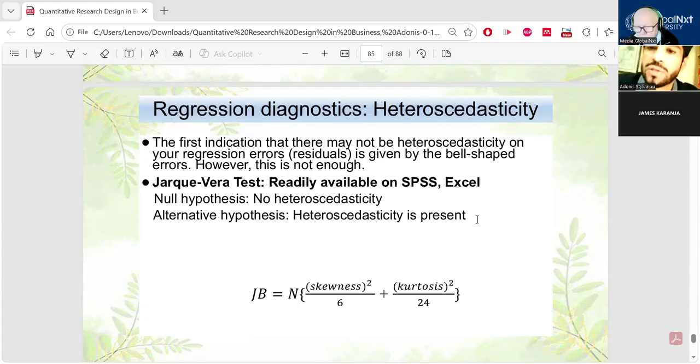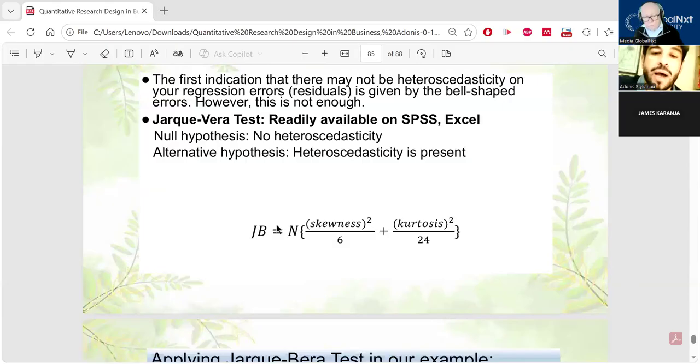If you have heteroscedasticity, you cannot proceed with the results. This is critical. That means essentially you need to check that the variance is similar, identical, following a normal distribution. The Jarque-Bera test is really available on SPSS. You can use it. The underlying function is here.